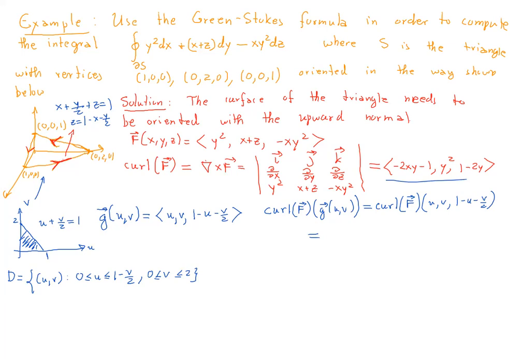In which formula? In this formula. So this will give you minus 2uv minus 1, v squared, and 1 minus 2v.